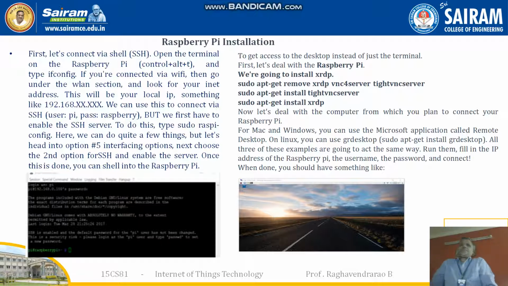Next, to get access to the GUI, you can use another set of commands to get access to the desktop instead of just a terminal. So let us first deal with the Raspberry Pi.